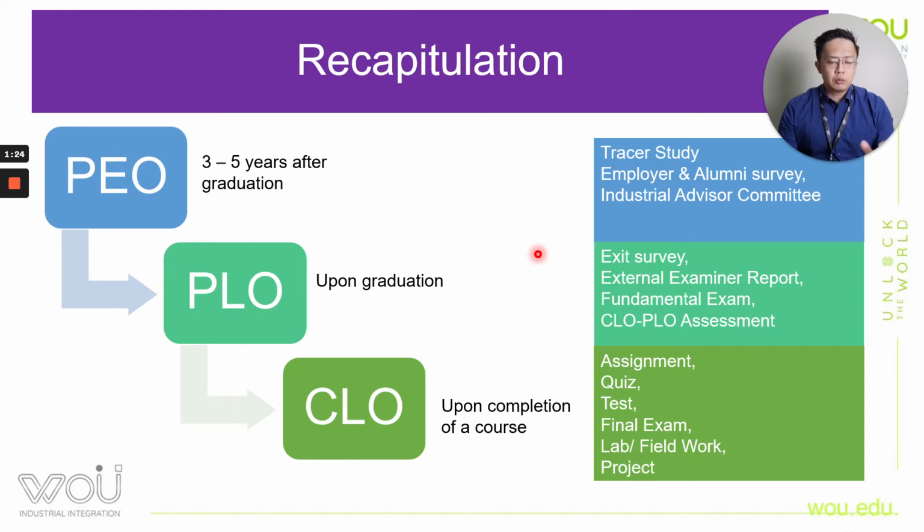So right now, we want to measure course learning outcome, which is what the students can demonstrate upon completion of a course. Usually, course learning outcome is measured using the assessments that we have designed, such as assignment, quiz, test, final exam, lab work, and project.